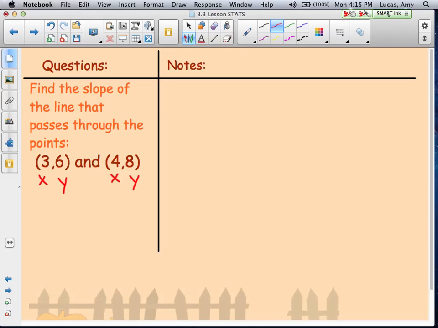When you're working with more than one ordered pair, it's important for you to give them a little number like this, x1, y1, and then x2, y2, just to represent that the 1s are in the first ordered pair together, and then the 2s are in the second ordered pair together. So the slope formula, you may recall, is y2 minus y1 over x2 minus x1.